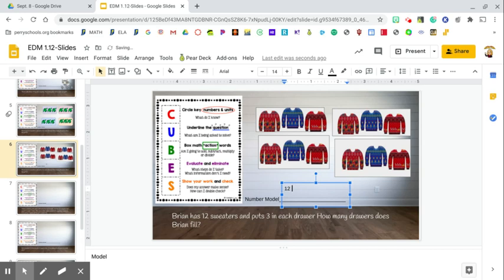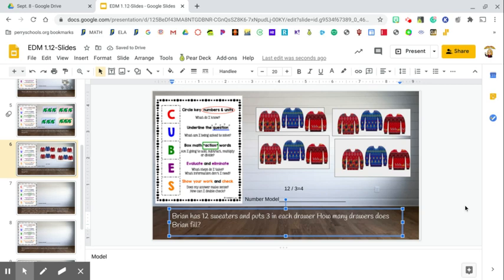Now, it's a little bit tricky finding the divide sign, but you can use the backslash. So if you just hit where the question mark is, normally, if you hit shift and question mark, you have... not hitting shift, you would have the backslash. So I'm going to do 12 divided by 3, and then equal is right at the top by the backspace, 4. So I have my number model.